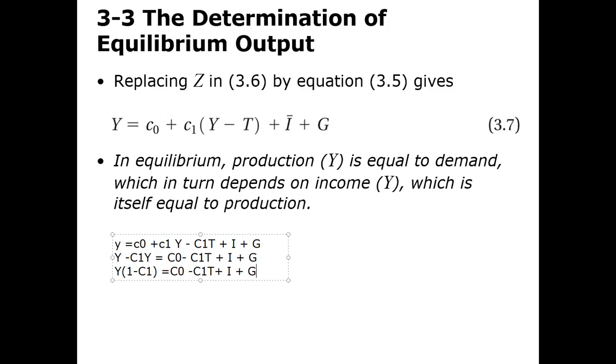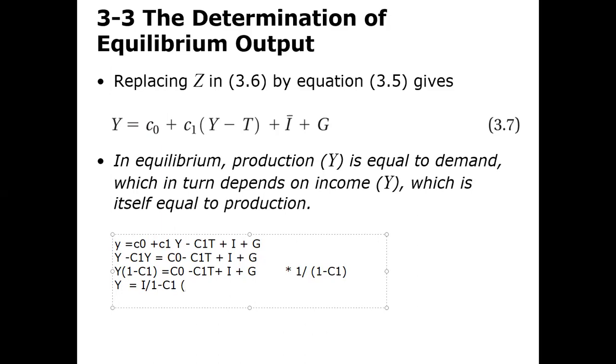So if I want to know what the multiplier is, I will divide both sides, or I multiply, by 1 divided by 1 minus C1. And remember, C1 is the marginal propensity to consume. So Y, the function of the output, equals 1 over 1 minus C1 times the bracket. And 1 over 1 minus C1 is the most important part of the equation.